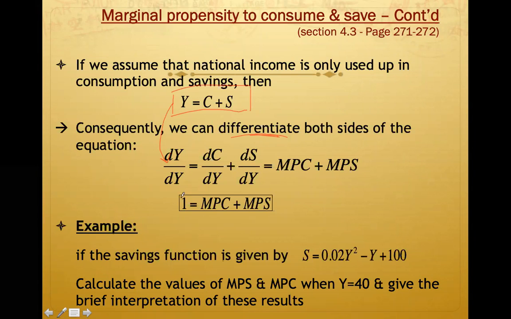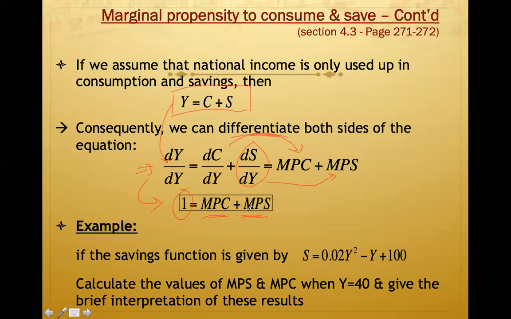So dY by dY equals 1, dC by dY equals MPC, and dS by dY equals MPS. Or we have one more formula that we can also derive from this statement, which is 1 equals MPC plus MPS.